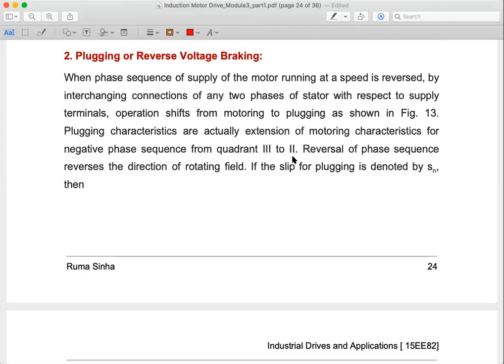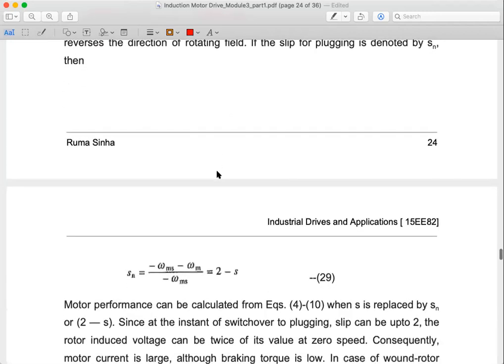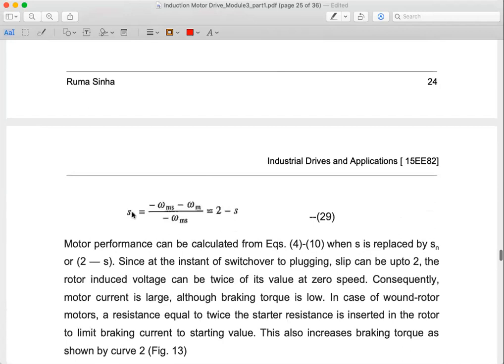So if the slip for plugging is Sn, the synchronous speed has reversed. So I will get Sn equal to minus omega ms minus omega m by minus omega ms, because the direction is changed. Earlier we had omega ms minus omega m by omega ms, which is slip. Now in place of omega ms, I have to write minus omega ms, and this also minus omega ms.